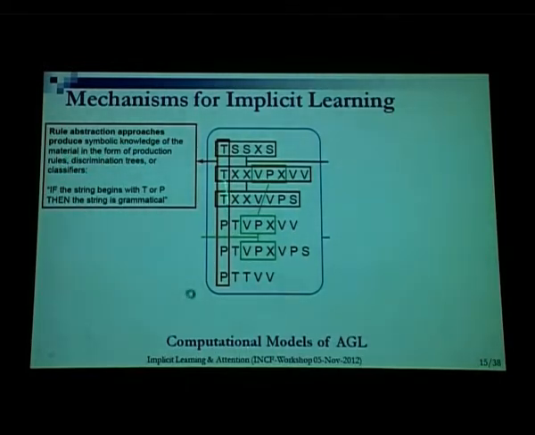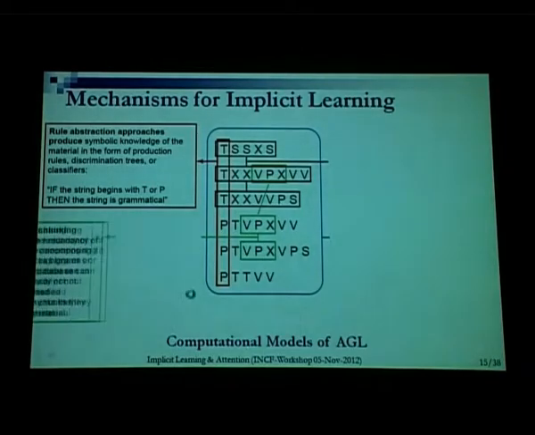So for example, your rule learning algorithm can pick up that if the string begins with T or P, then it is a grammatical string. So that kind of rule could be extracted. So people said this is perhaps what underlies implicit learning, although this rule knowledge is not accessible to the subjects, but that's what is acquired implicitly.